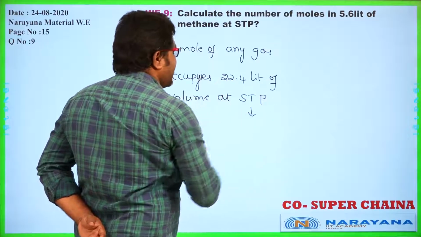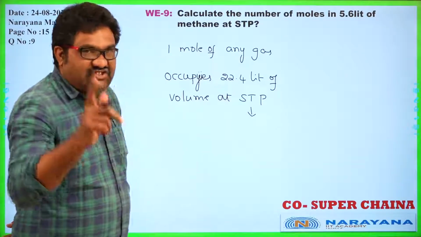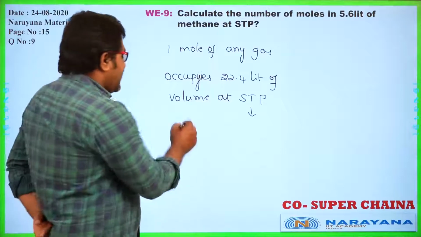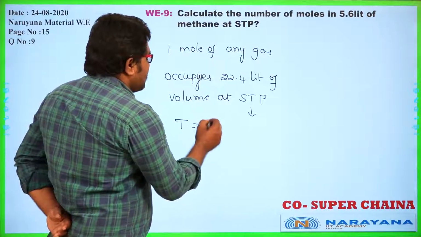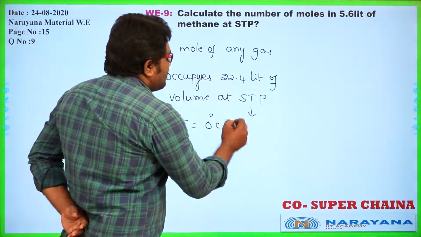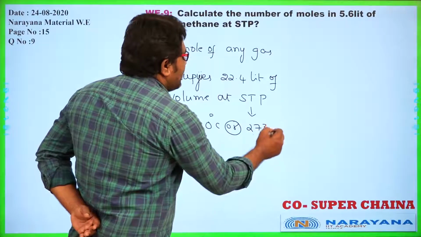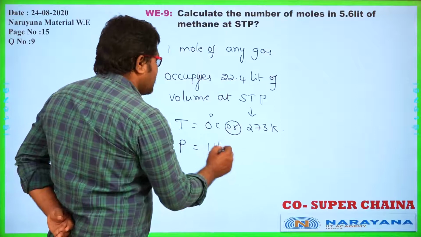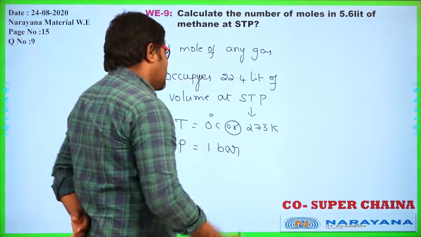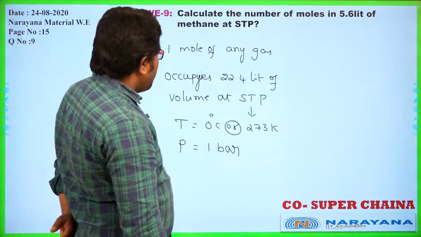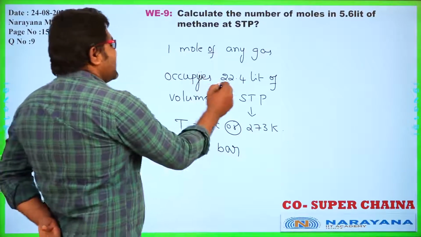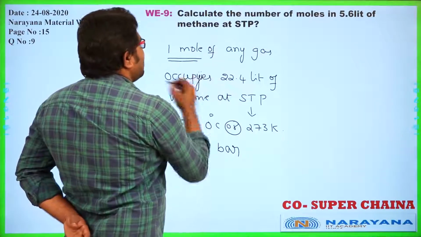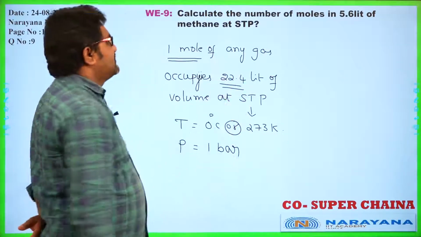What is STP here? Standard temperature and pressure. Standard temperature is 0 degree centigrade or 273 Kelvin. Standard pressure is nothing but 1 bar, as nowadays. Now, at this condition, 1 mole of any gas occupies 22.4 liters.